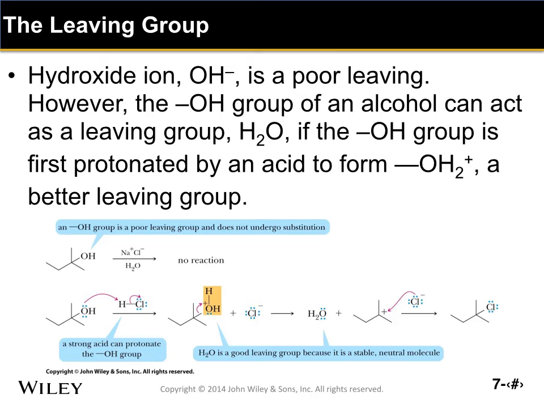So the take-home message here is that hydroxide is not a good leaving group. But under acidic conditions, if we can protonate the alcohol, then we can make water, which is a good leaving group, and then the nucleophile can come in to make a new bond.